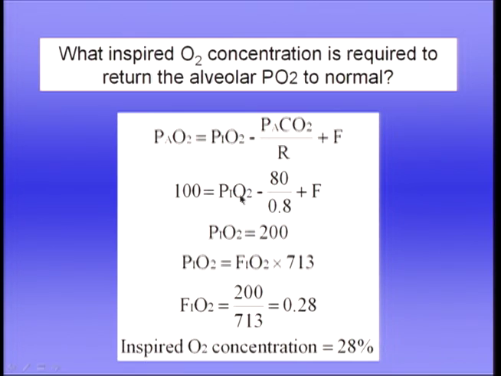That's going to be changed by giving the enriched oxygen mixture, but the PCO2 is 80 over 0.8. And so if we solve this equation, you can see that this term is going to be 100. So the inspired PO2 is going to be 100 plus 100, or 200. So on the way to the answer, we've calculated that the inspired PO2 has to be 200 millimeters of mercury.